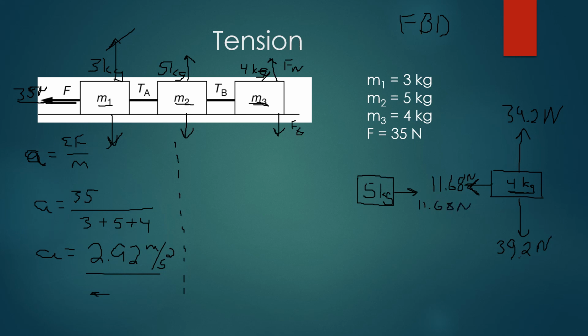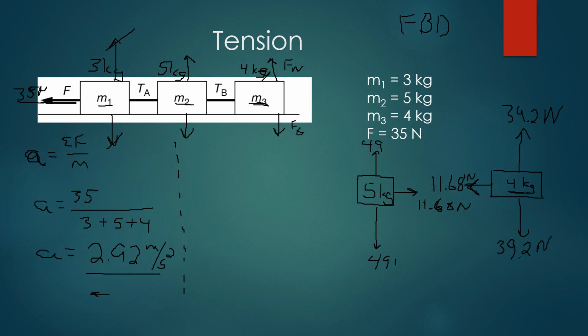Tension pulls equal and opposite. So if it's pulling the 4 kilogram box to the left 11.68, it's pulling the 5 kilogram box right 11.68. So I want to go ahead and do the gravity and the normal force. So that's going to be 49.